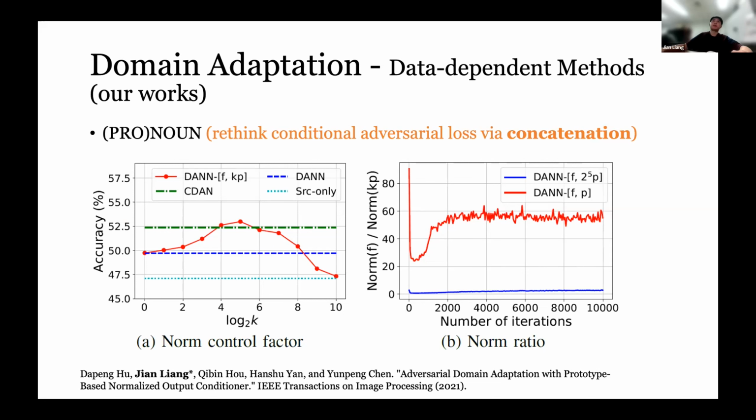It is also very important to determine the norm control factor here. We also tried to discover how these terms vary during the training procedure, and we find that in the right figures, this norm becomes very stable. So we came up with a normalization factor in the next page.